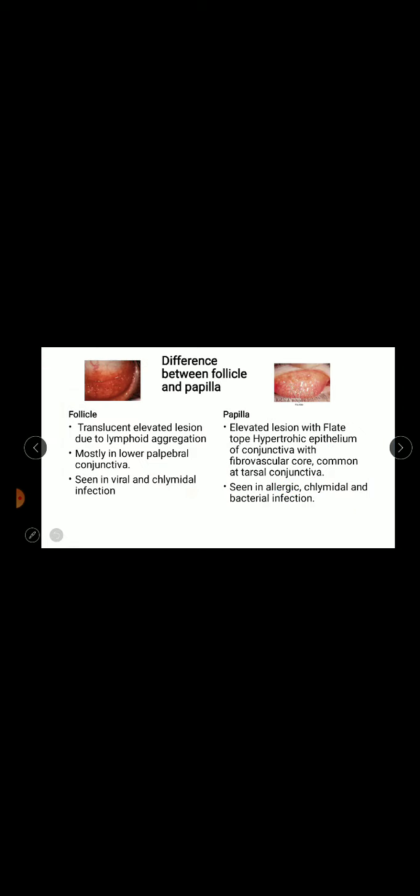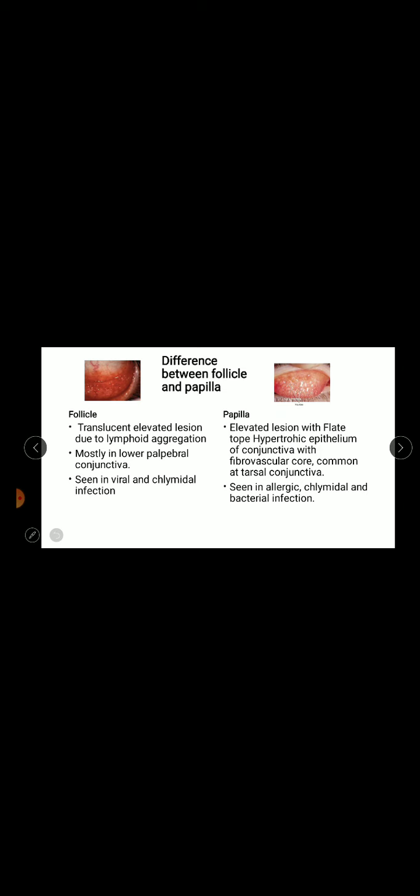The true membrane is a fibrinous exudate within the conjunctival epithelium, and the pseudomembrane is above the conjunctival epithelium.